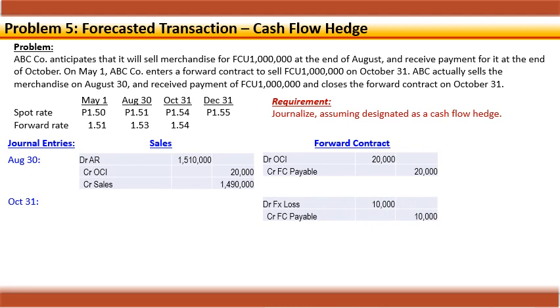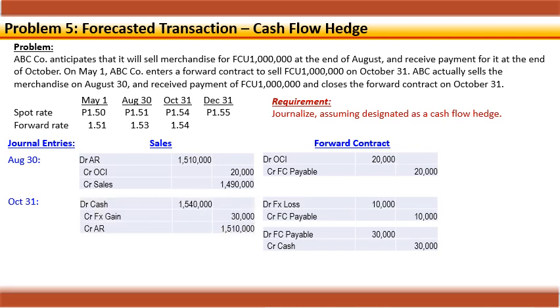That's why ang entry mo for the 1.53 versus 1.54 forward rates on August 30 versus October 31, 10,000. And then, yung net settlement sa'yo, debit forward contract payable, 30,000. Credit cash, 30,000.